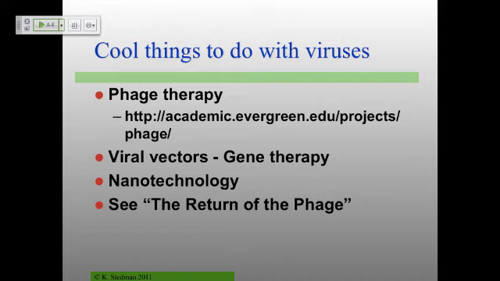Nanotechnology. Turns out that the way viruses assemble into particular structures, not actually that dissimilar to something like a soccer ball, has really interesting implications for self-assembly nanotechnology kinds of things.